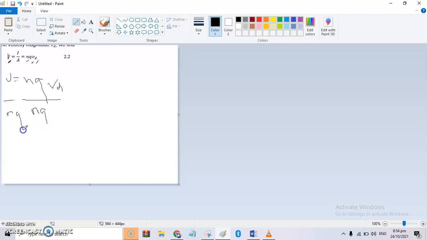Now, we can cancel the NQ, and what remains is our VD. So, VD is equal to J over N times Q. Always remember that the charge Q is an absolute value. It may be negative or positive, but the value is always positive.